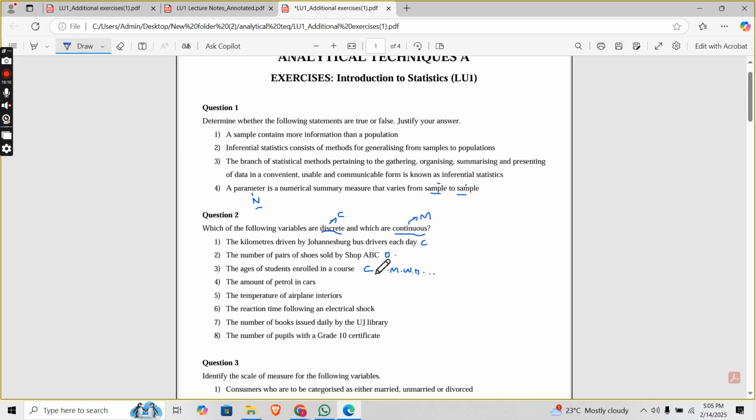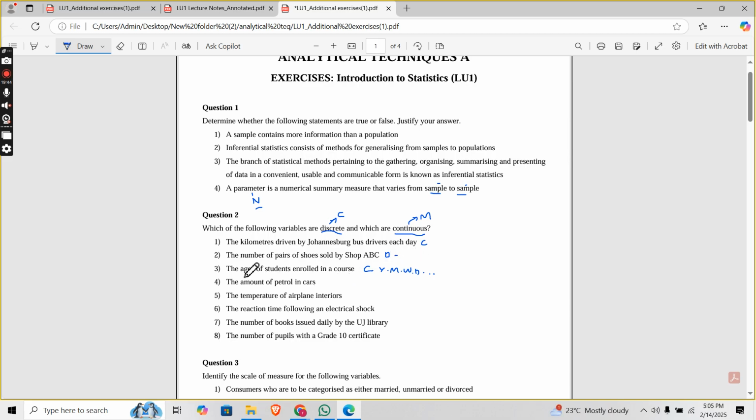Continuous numbers have commas, and it's possible for continuous data to have a whole number, but most of the time continuous data has commas or decimals, while discrete is all of the time only whole numbers.